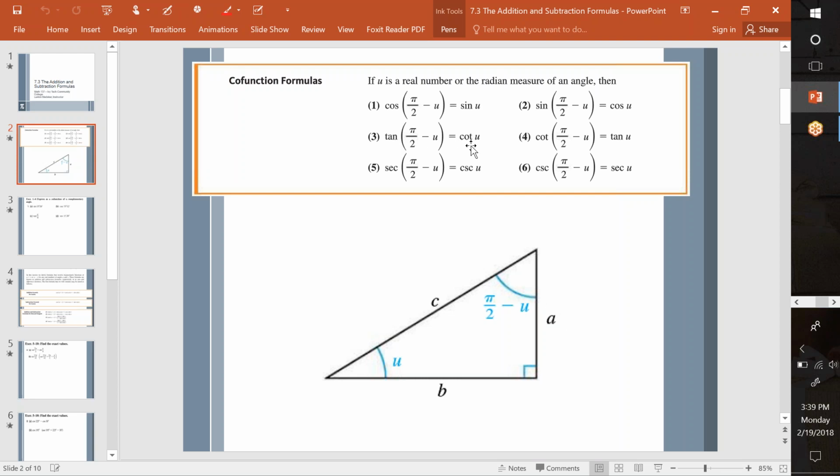So tangent and cotangent, when the angles add up to 90 degrees, are equal, and secant and cosecant, and vice versa. Sine of a 30-degree angle is going to be the same as cosine of 60. So if the two angles add up to 90 degrees, then the sine and cosine, tangent and cotangent, secant and cosecant of those cofunction angles would be equal.